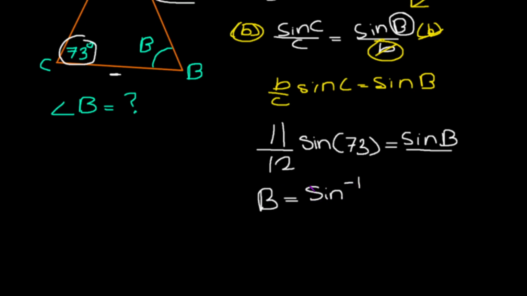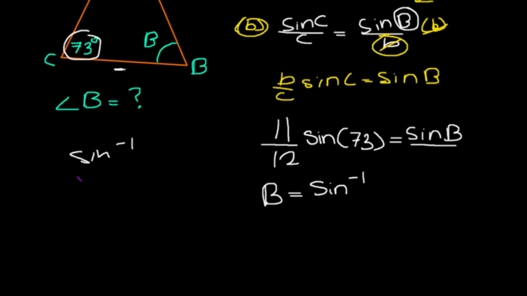Don't get all scared yet. Why did I just put a sine to the power of -1 randomly? Anytime you have sine to the power of -1, or cosine to the power of -1, or tan to the power of -1, these all represent the inverse function. That is an important word, inverse function.